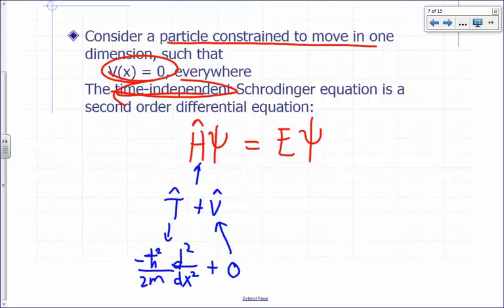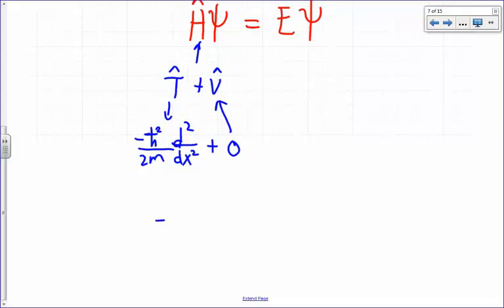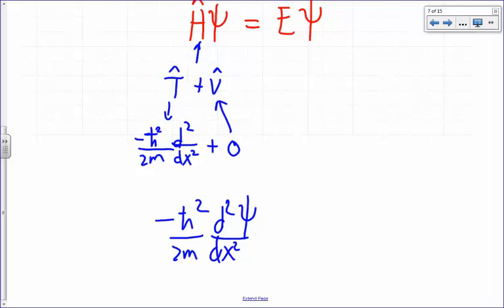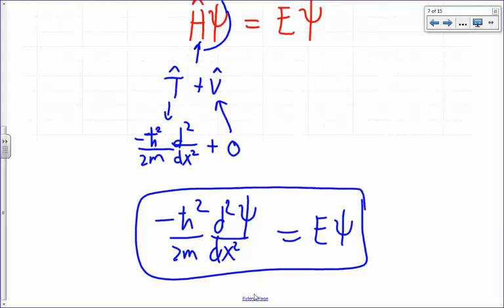It's a multiplicative operator in this case. So h hat psi then is negative h bar squared over 2m second derivative with respect to x operating on psi. So h hat psi is equal to E psi. This is your differential equation.